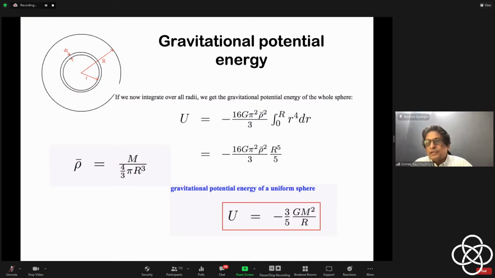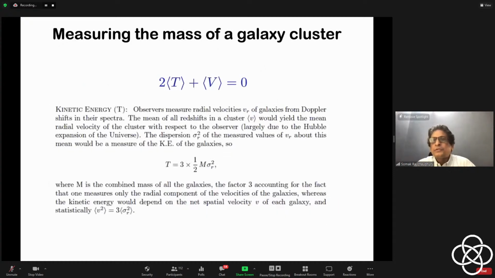And you know that the final spherically symmetric value you get for the total gravitational potential energy of assembling a sphere of total mass M and radius R is minus 3/5 G M squared over R. This is the value that Zwicky used in the 1930s. And what he did was put together the galaxy cluster mass using the virial theorem, using 2T plus V equals 0.